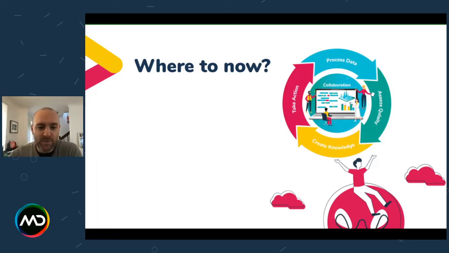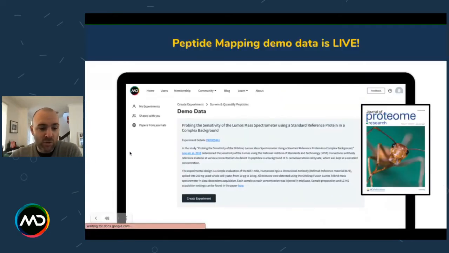So it's no surprise that Mass Dynamics is going to be running initiatives to continue to improve our approaches, making them even better, faster, and easier to help you and many more life scientists move as quickly as possible through the life cycle of processing data, assessing quality, leveraging even more available global knowledge, and enabling researchers to take action and continuously experiment, all without compromising security, effectiveness, and seamlessness, and of course with a strong collaborative focus. So that's where we're going next, but you may be excited to hear what's new now.